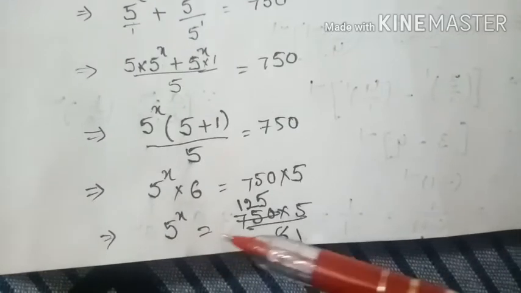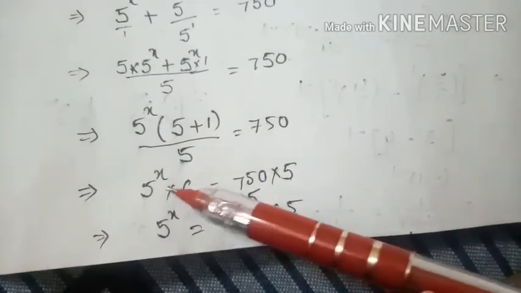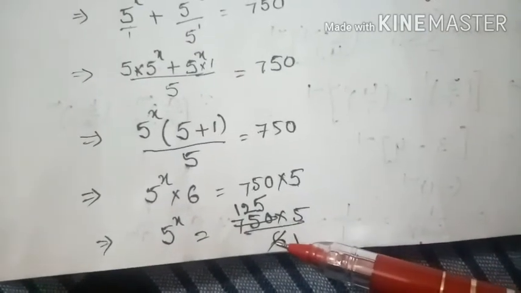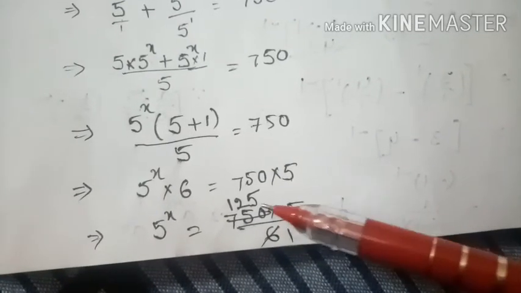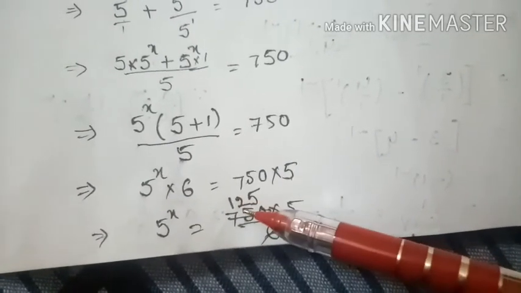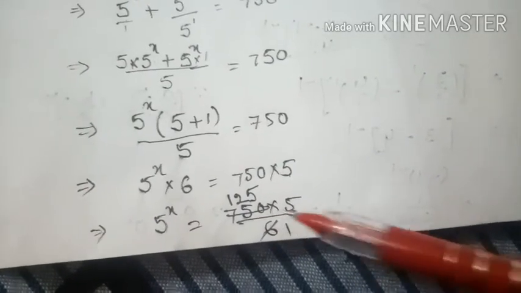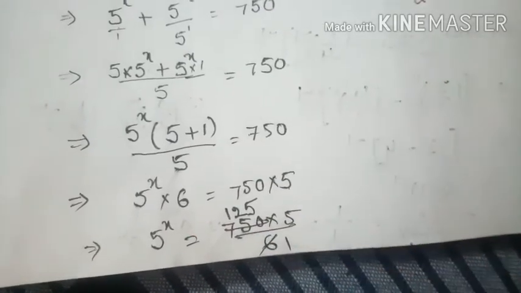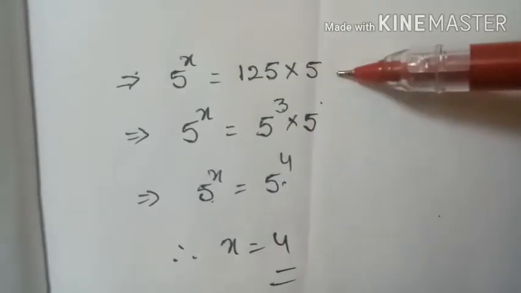So 5x is equal to 750 into 5 by 6 is multiplying, so the 6 will come this side and divide. Okay, so 6 ones are 6, 6 2s are 12, remaining 3, 6 5s are 30. So 125 into 5, that is 5 power of x is equal to 125 into 5.